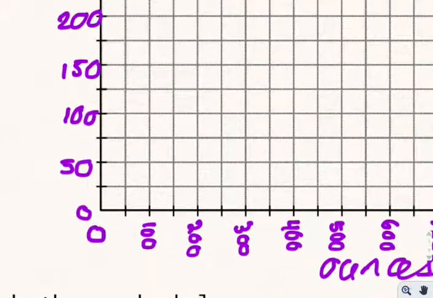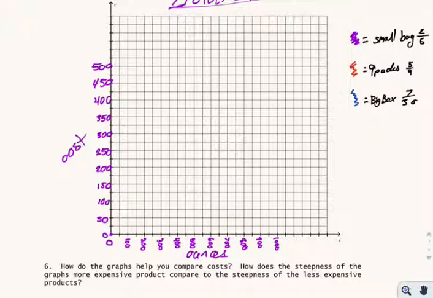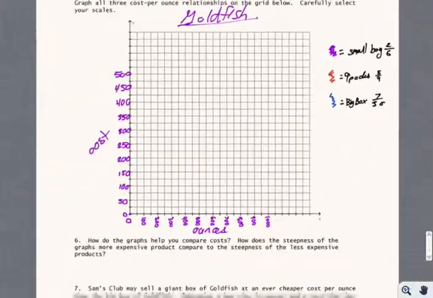Obviously, the scale of this grid is much larger than that. So I know, for example, that when I purchase 0 ounces, it's going to cost me $0. And the small bag says I can buy 6 ounces for $2. So instead of writing 6 ounces for $2, I'm going to write 60 ounces for $20.